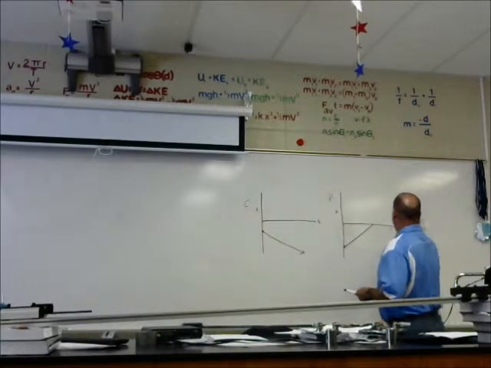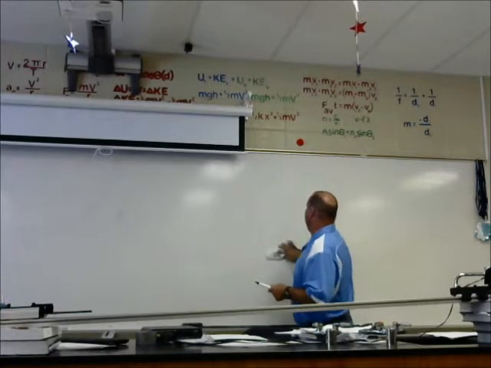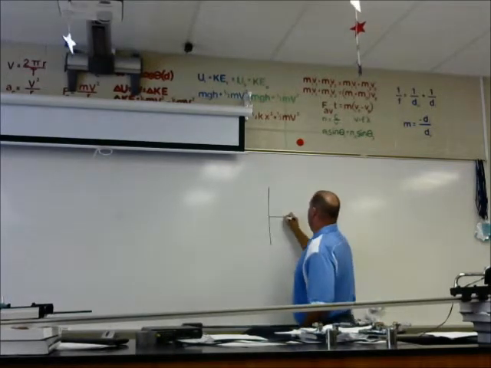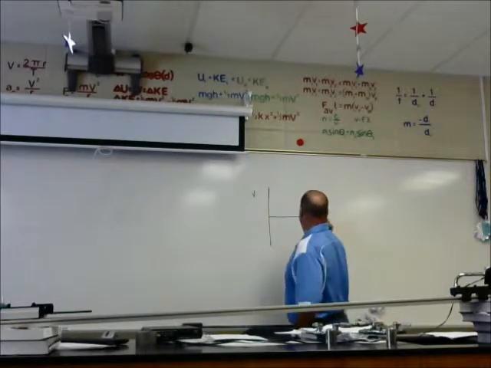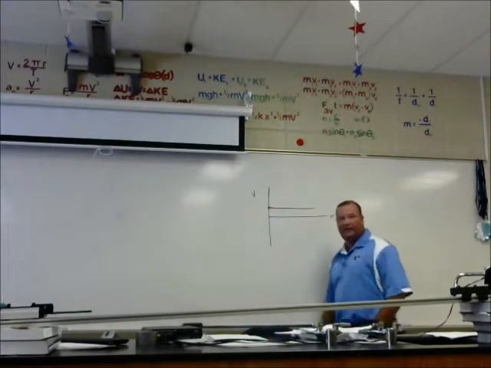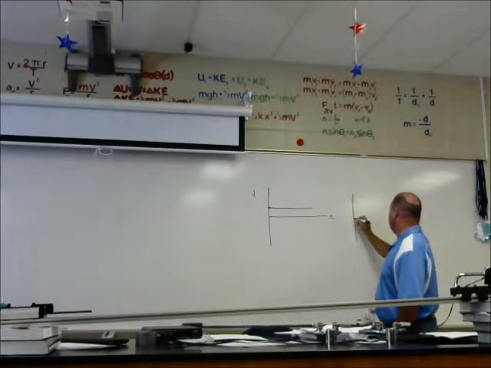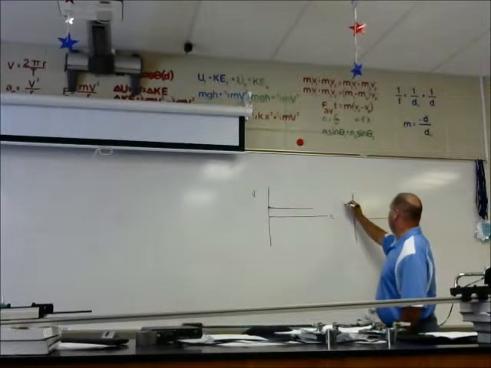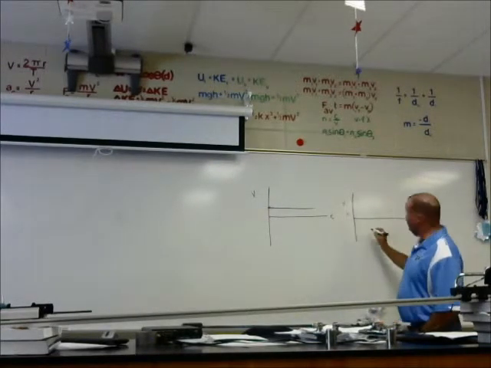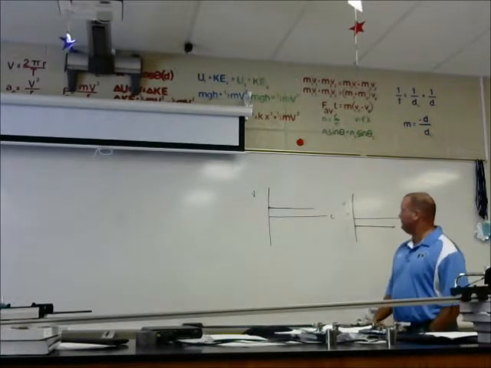Down below there, you'll see a couple of velocity time graphs that are pretty straightforward. One of them looks like that. Velocity time graph A. And velocity time graph B. Looks like that.